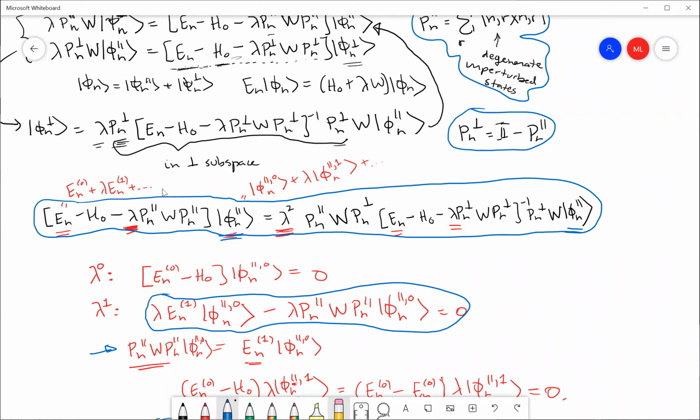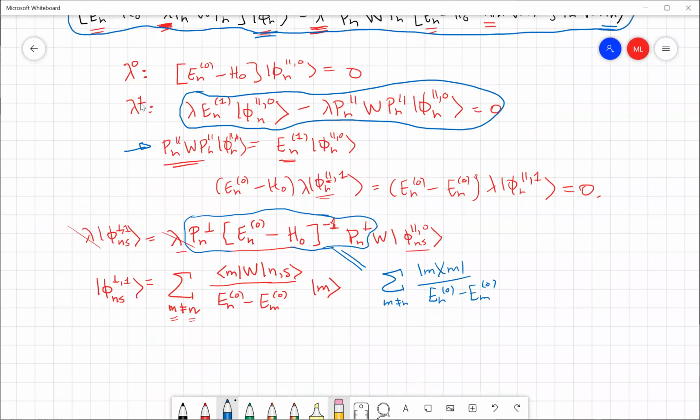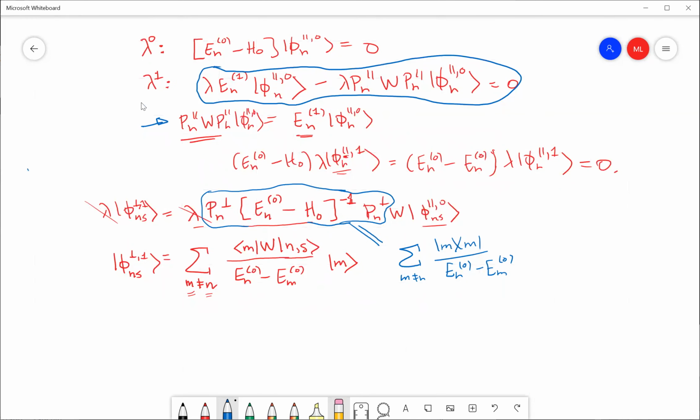That'll be convenient because then we'll be able to see what's going on. So we take this equation and pull everything to the other side. Again, this is for the perpendicular portion of the state correction, where we get just like regular perturbation theory. And here we're going to do it for the parallel portion.